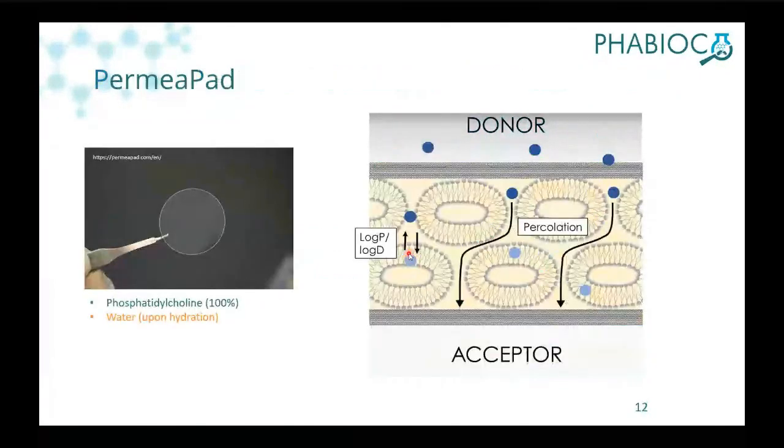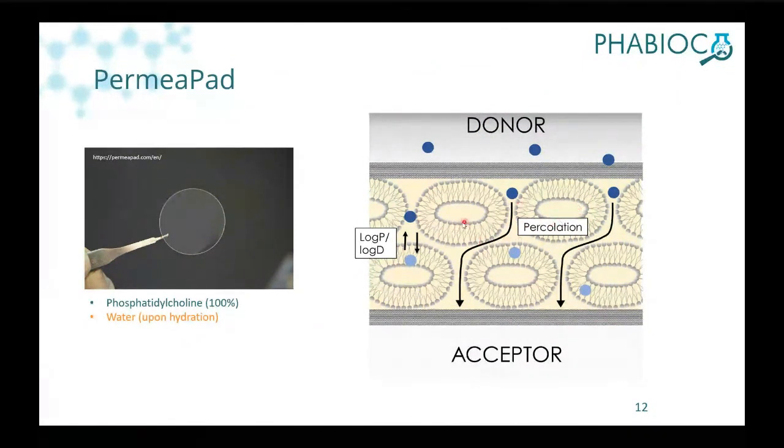On the other hand, the PermeaPad is, I would say, an advancement in terms of biomimetic properties. This is how one pad looks before it gets hydrated. The barrier is composed basically of phosphatidylcholine 100%, and upon hydration, in a matter of seconds, a layer of phospholipid gel is spontaneously forming inside the barrier.